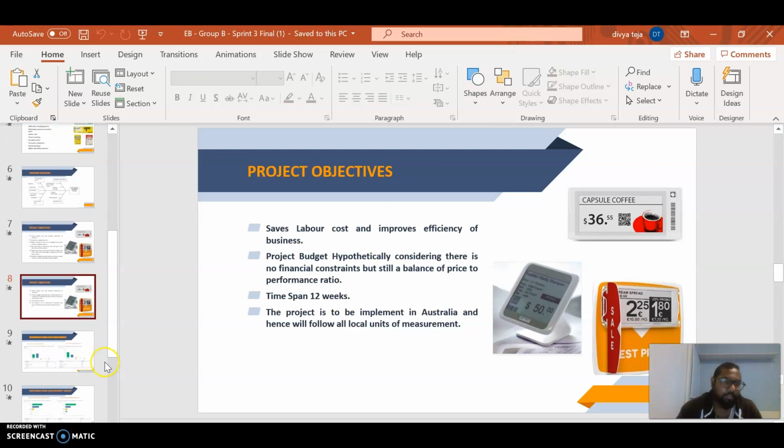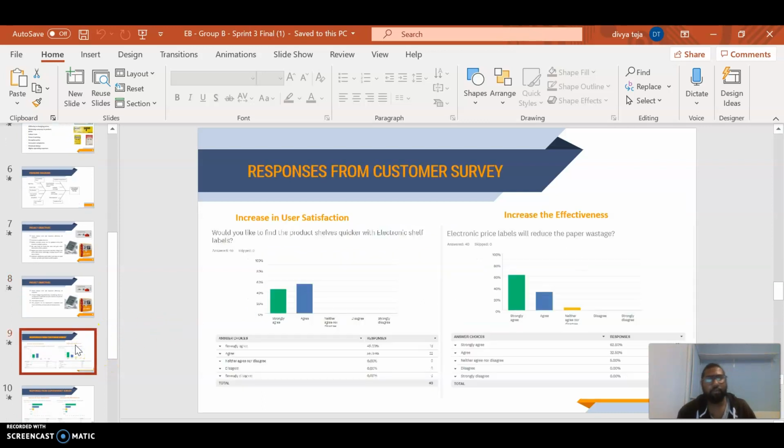Moving on to the next slide, these are the surveys where we got responses from customers. As you can see, the question was: would you like to find the product on shelves quicker and easier? You can see almost 40 responses, with strongly agree and agree.